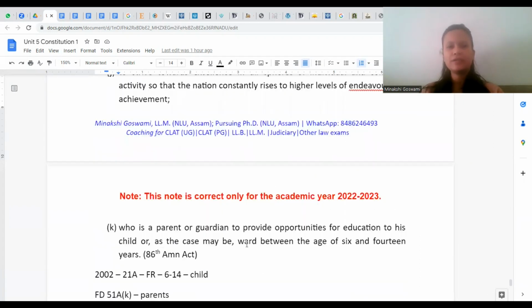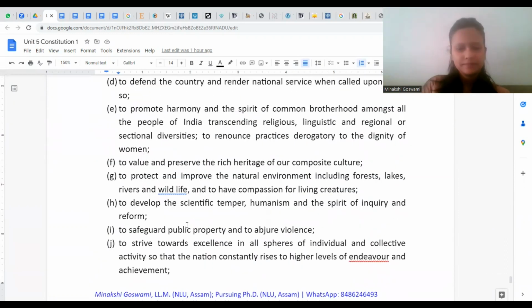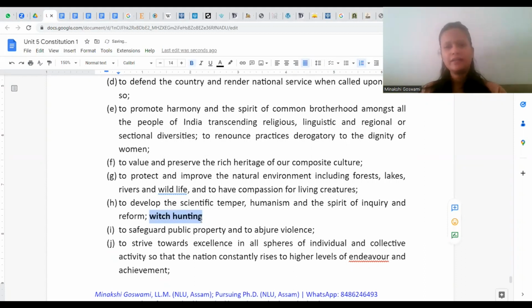Have you heard of witch hunting? No. Okay, there is a crime called witch hunting. Mostly it is prevalent in village areas or remote areas.